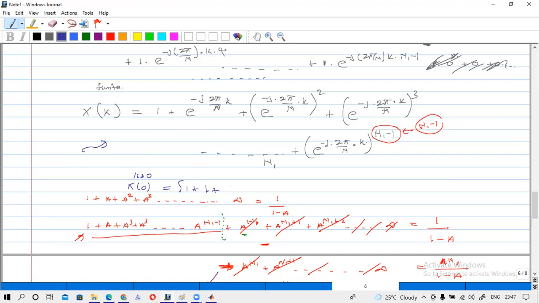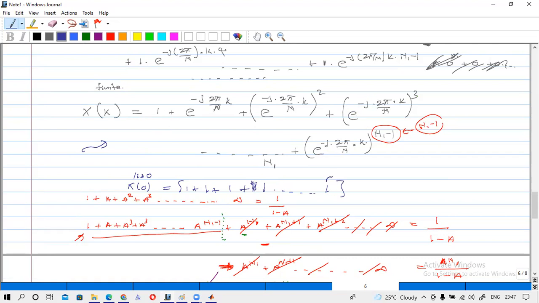This also k is 0, you have 1 here. This also k is 0, you have 1 here, because e to the power 0 is always 1. Likewise, up to this level, you have 1 again.